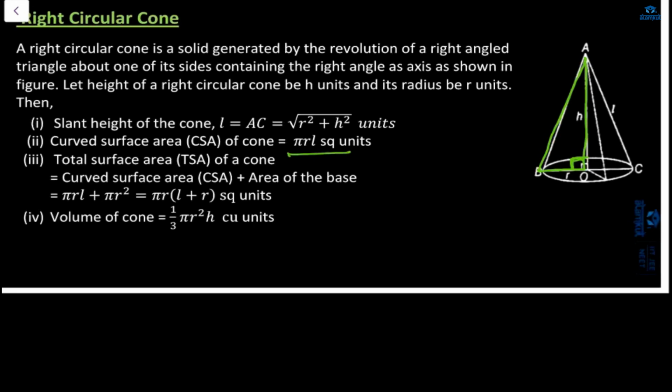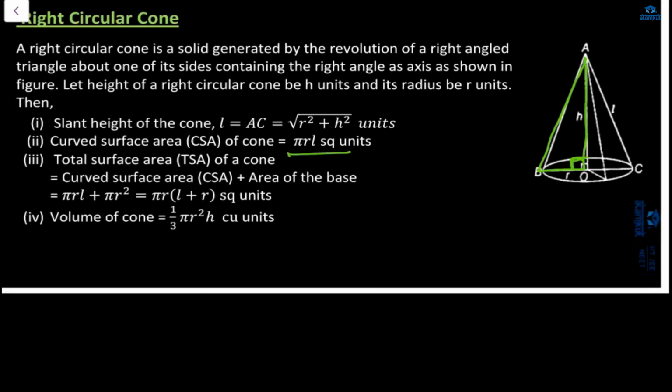So if you remember the curved surface area, and for the time being you don't remember the total surface area, you can find out the total surface area. If you remember, the curved surface area of the cone is pi r L. So what will be the total surface area of the cone? It will be curved surface area plus the base, because you have only one cover here, the base.